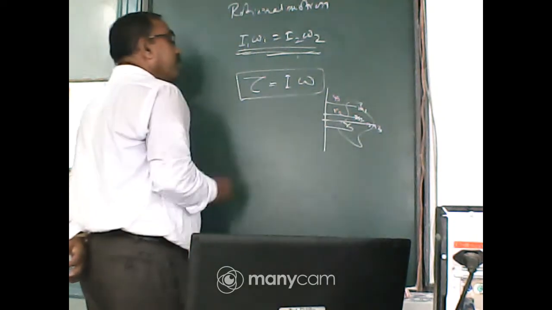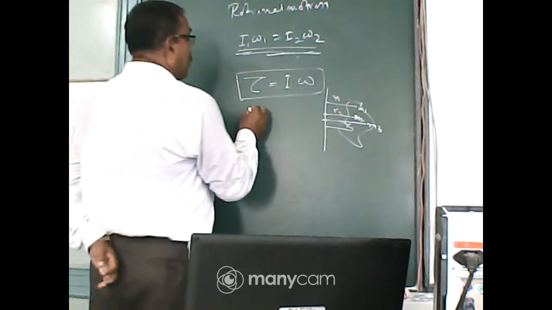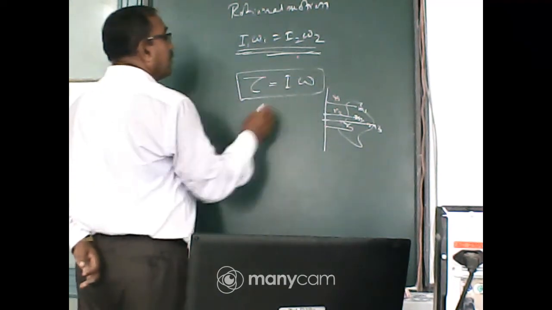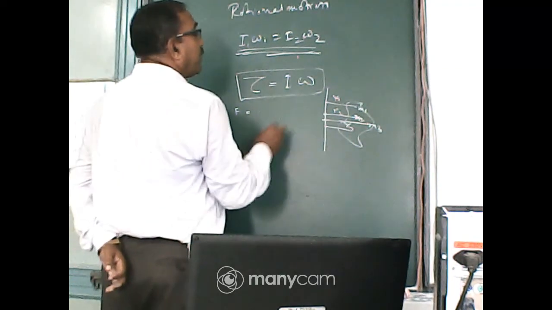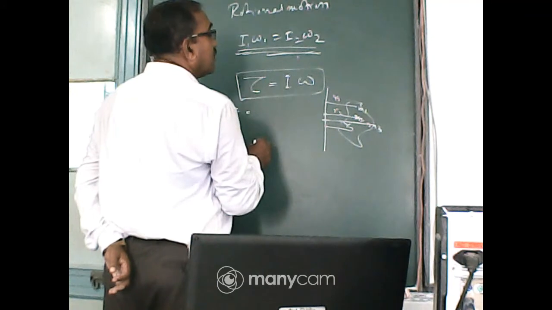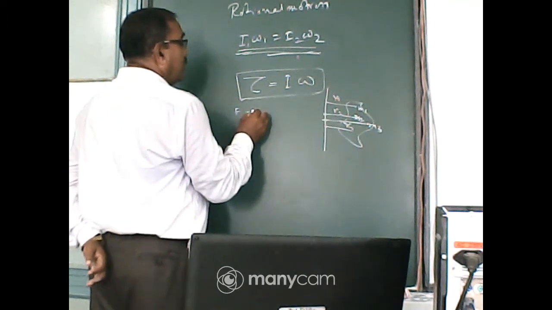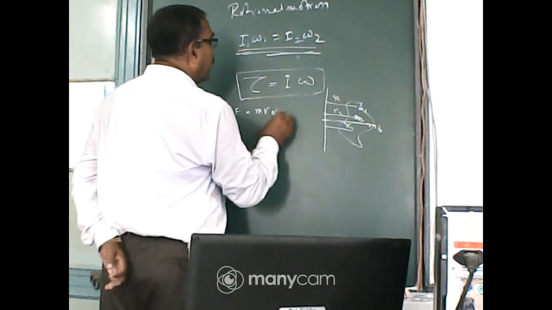So the force created on a particle is F equal to m into a, m into alpha, m into r into alpha.